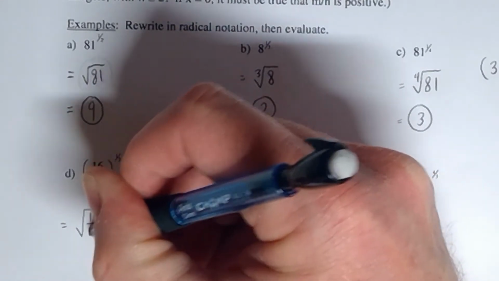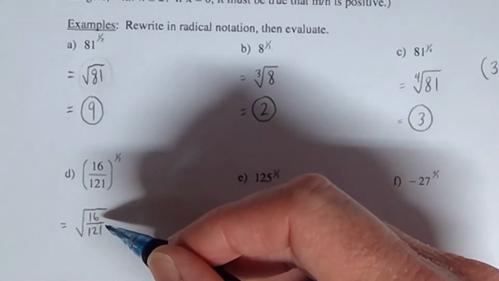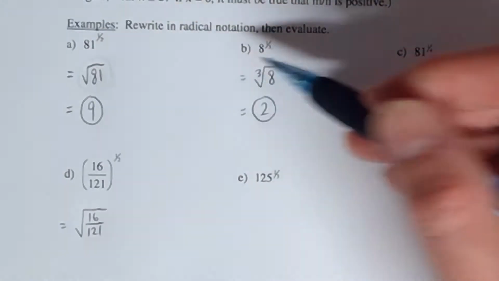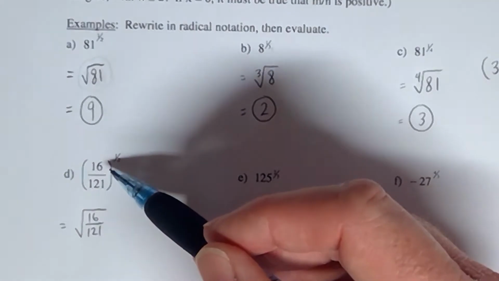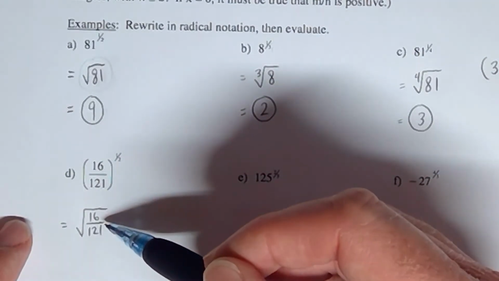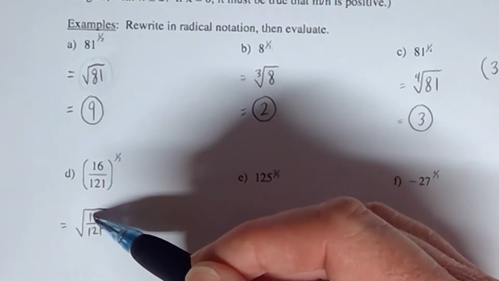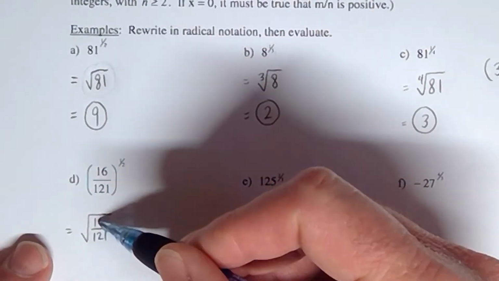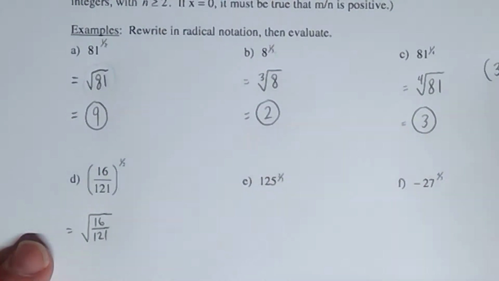The rule is whatever's taken to the fraction power, that whole thing goes inside of the radical. 81 was taken to the 1/2 power, you put 81 inside the radical. 8 is taken to the fraction power, you put 8 inside. So if you have a bracket taken to a fraction power, the entire bracket goes on the inside. You don't need to bring the bracket in there with it because it's just a bracket only. It's not like there's a bracket in there and something else outside of it all going inside the radical. It's just the bracket that goes in there, so the bracket can be discarded.